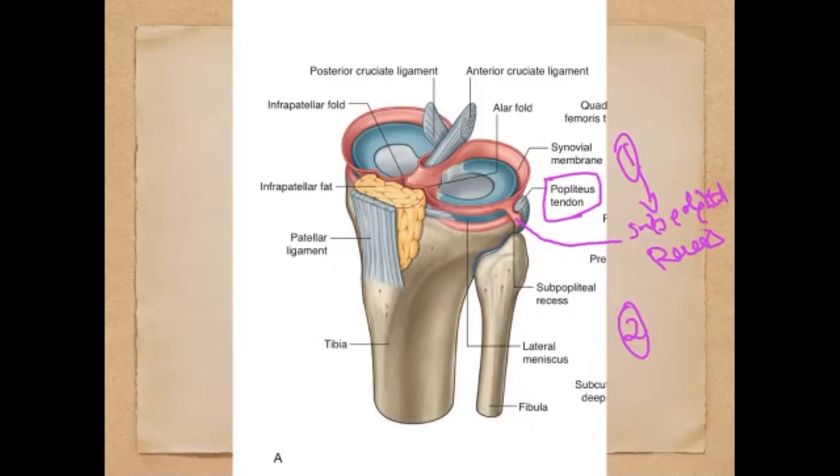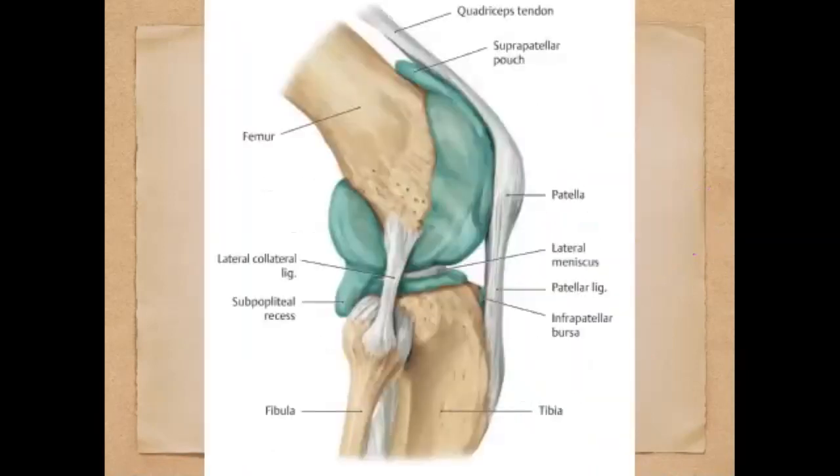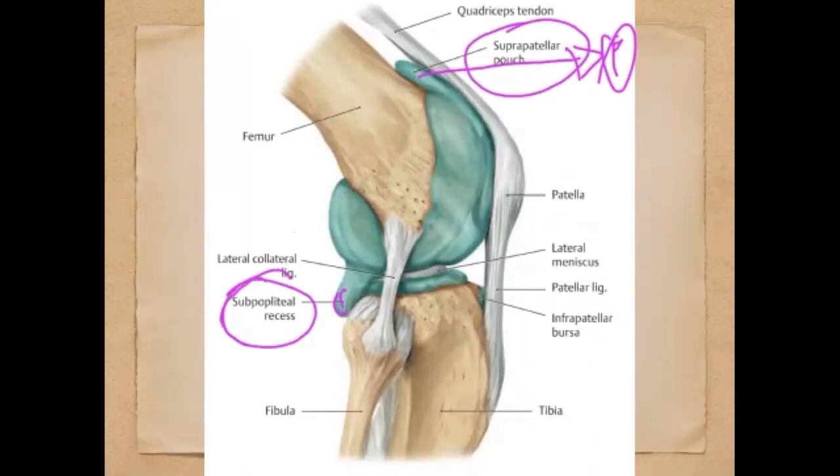And there is also an invagination or infold of synovial membrane in the suprapatellar bursa, the suprapatellar pouch. So this is the first invagination and this is the second. The suprapatellar pouch and the subpopliteal recess, these two communicate with the synovial cavity.